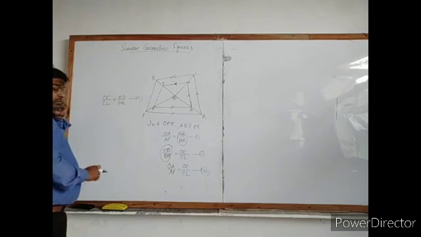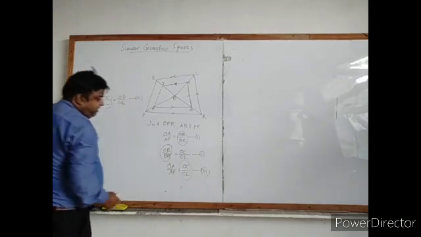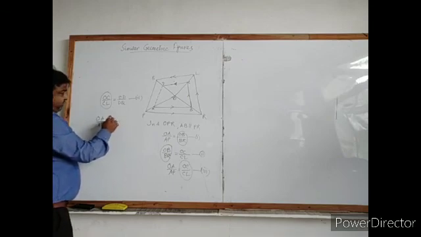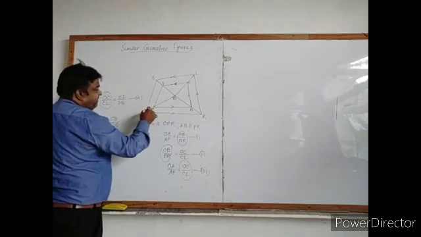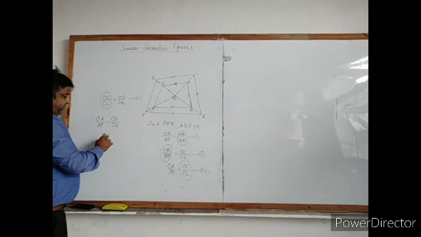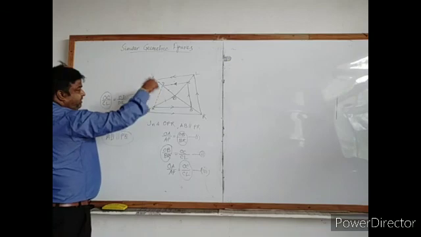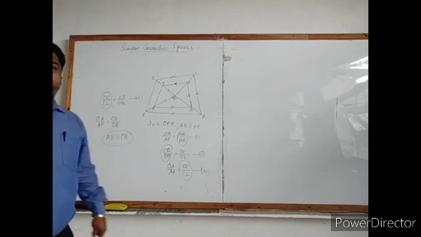From 3 and 4, the ratio OC by CL is common, so OA by AP equal to OD by DQ. Converting by the converse of BPT, we get AD parallel PQ in triangle OPQ. So this is how we can prove it. Understand?